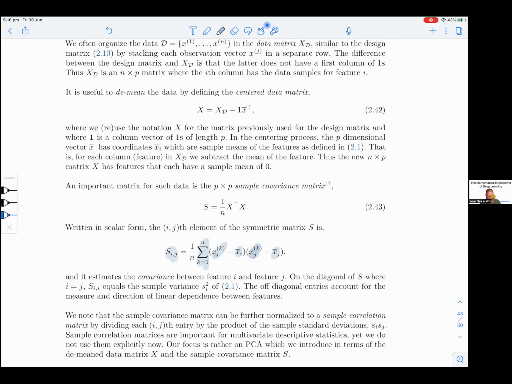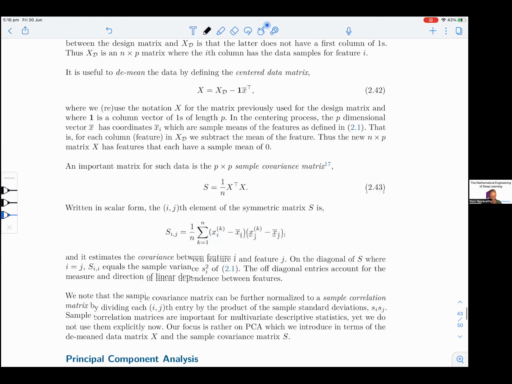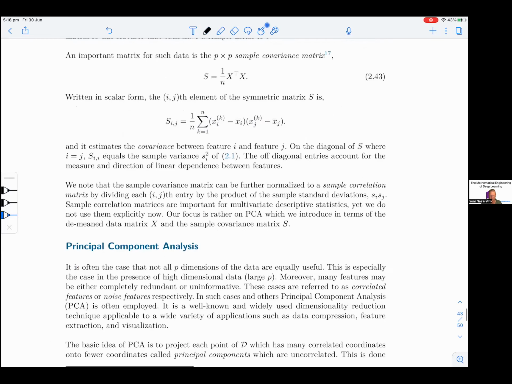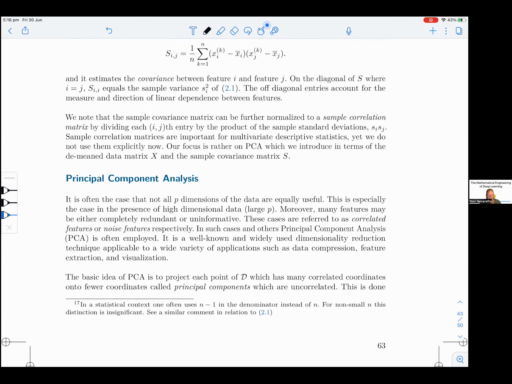So that's S_ij, and it estimates the covariance between feature i and feature j. On the diagonal of S, where i equals j, S_ii equals the sample variance s squared, just like we had in equation 2.1 for the sample variance. The off-diagonal entries account for the measure and direction of linear dependence between features. And of course, S is a symmetric matrix.